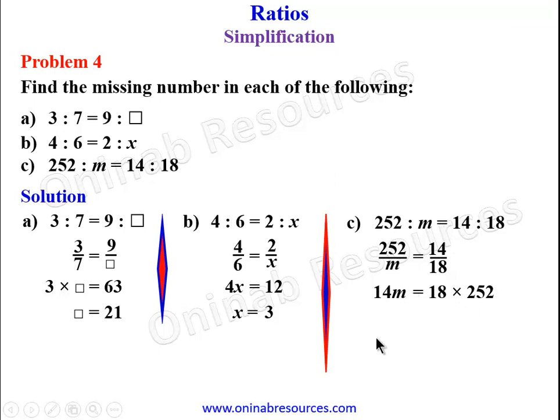We divide both sides by 14. m is 18 times 252 divided by 14. To simplify this, we are going to have m equal to 324. And that's all for the solution of problem 4.